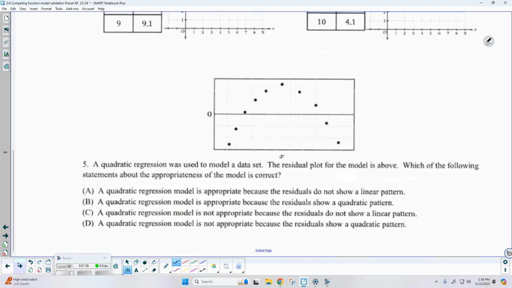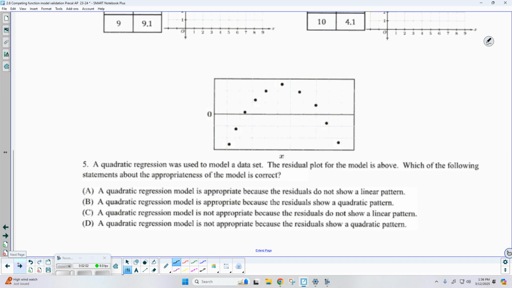So let's look at number 5. A quadratic regression was used to model a data set. The residual plot is shown above. Which of the following statements about the appropriateness of the model is correct? So when we're looking at a residual data plot like this, is it a good or a bad thing if we see a pattern? Bad.